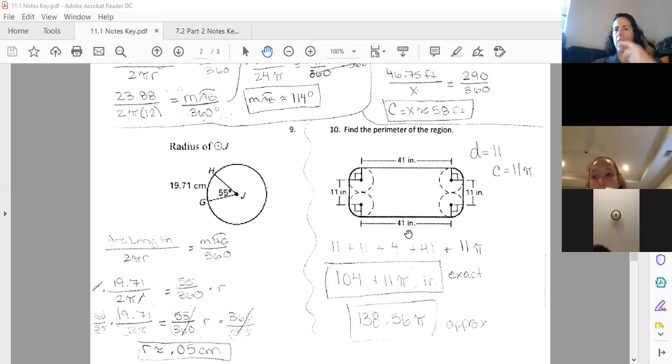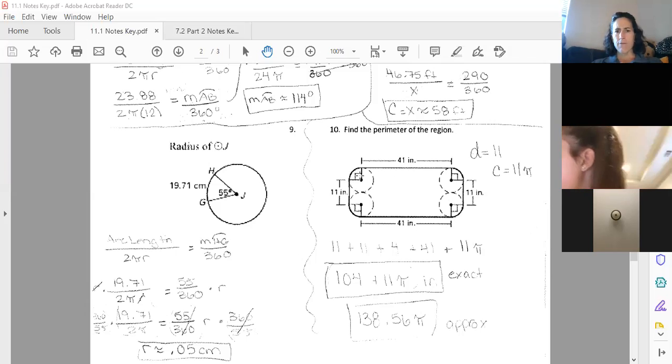Then I had to figure out the arc length of each of the corners, because they're not straight corners. There are 4 corners, right? If you think about each as a sector, 4 pieces, doesn't that make up one circle? So if I find just the circumference of this circle right here, because they're all the same circle, 11 was the diameter, so the circumference is 11 pi.